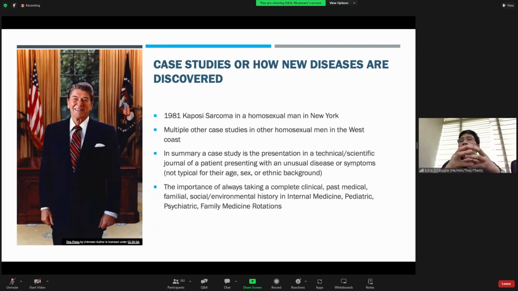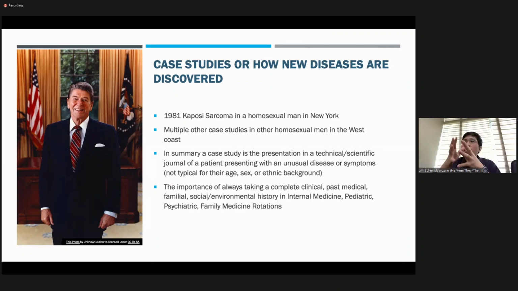So in summary, a case study is basically a presentation in a technical or scientific journal of a particular patient presenting with an unusual disease or symptom, so unheard of in our usual cases. It's not typical for their age, not typical for their sex, or not typical for their ethnic background.